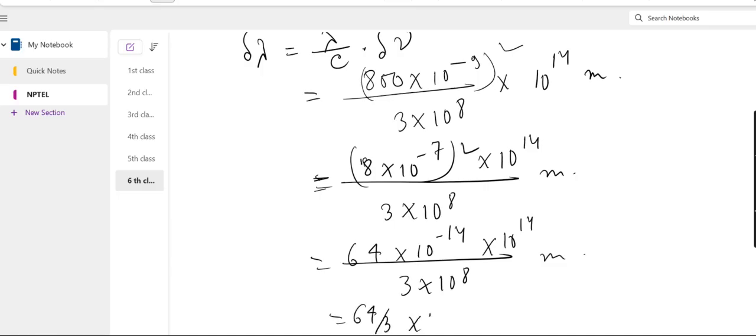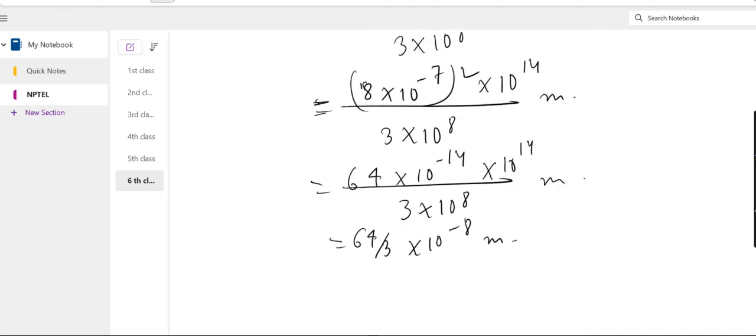Lambda is 64 by 3 × 10^-8 meter. That is 21.33 × 10^-8 meter.